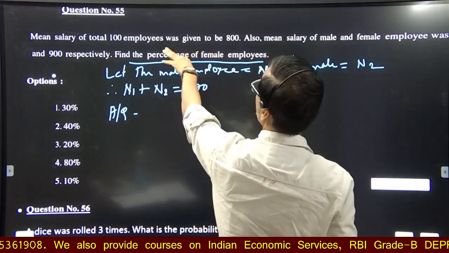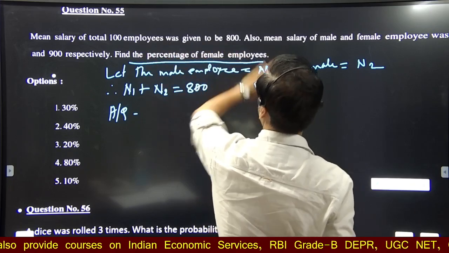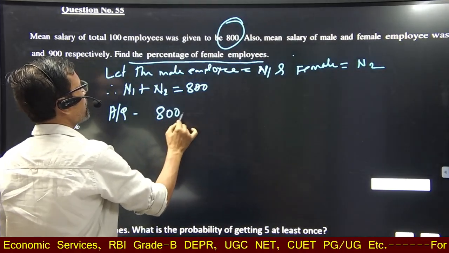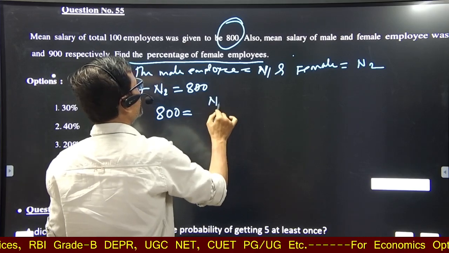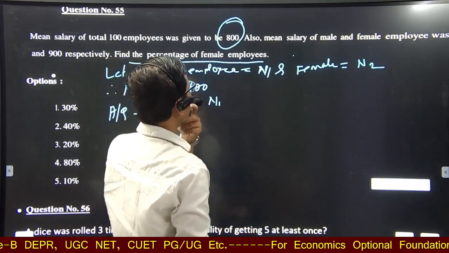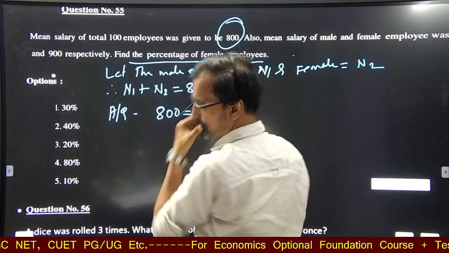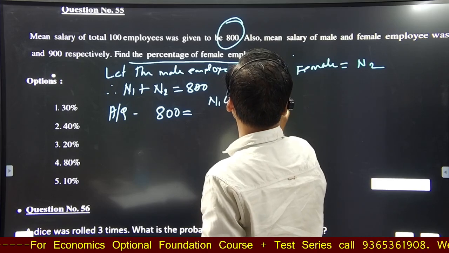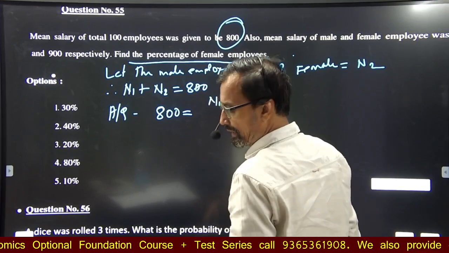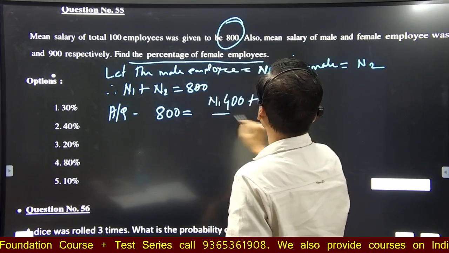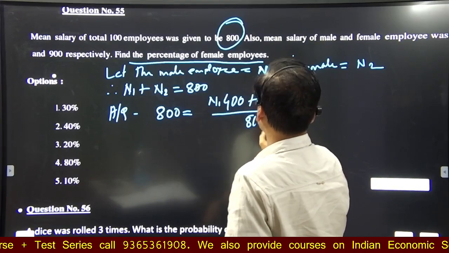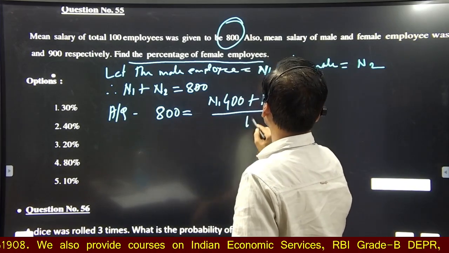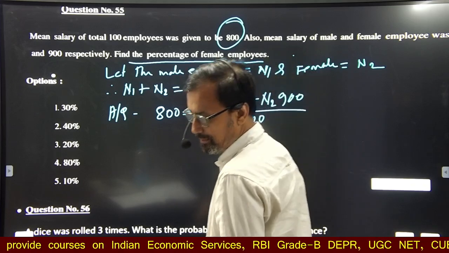As per the question, the combined average is 800. So N1 into 400 plus N2 into 900, equals 800 times the total number of employees, 100.